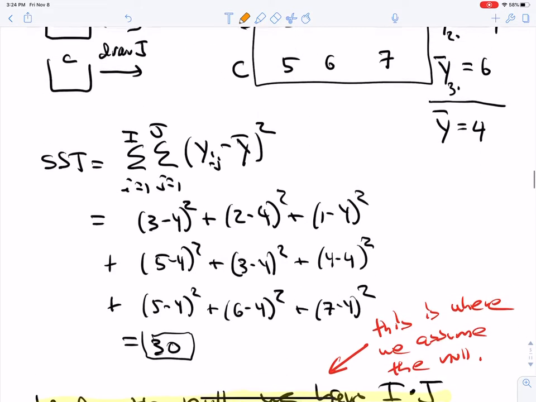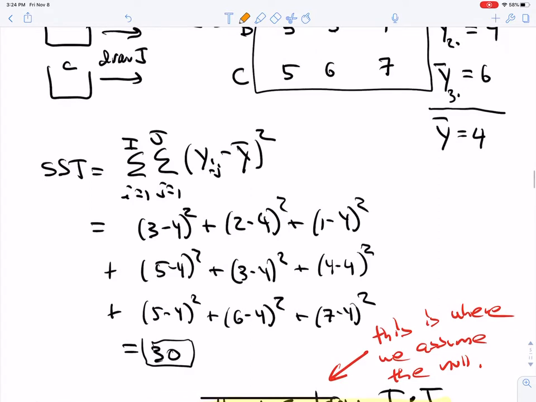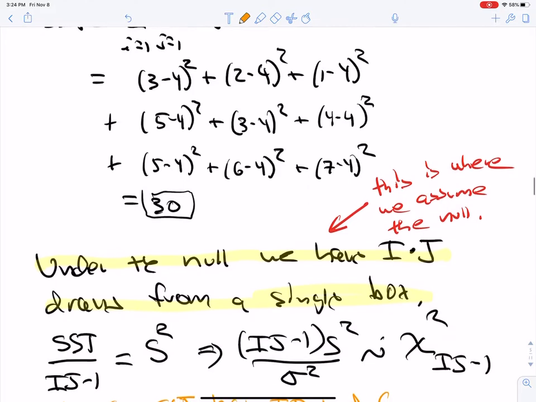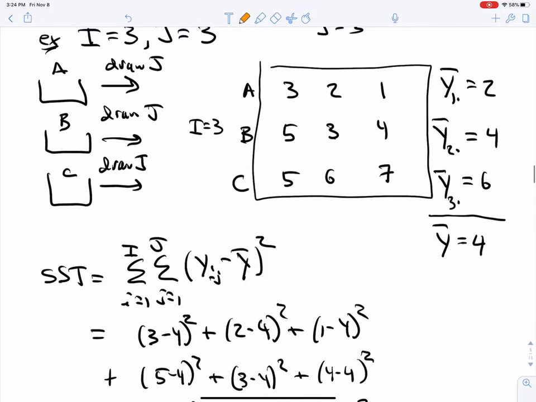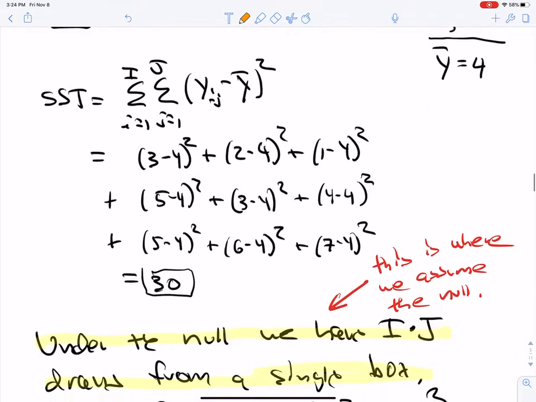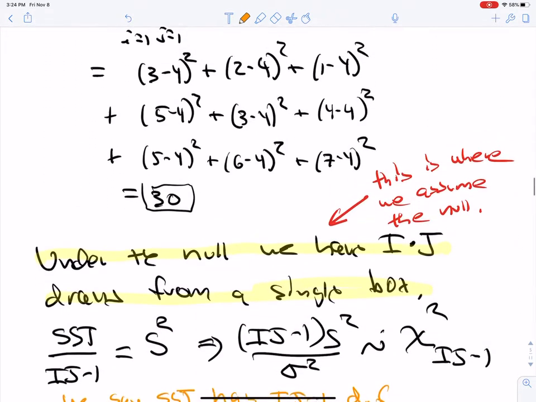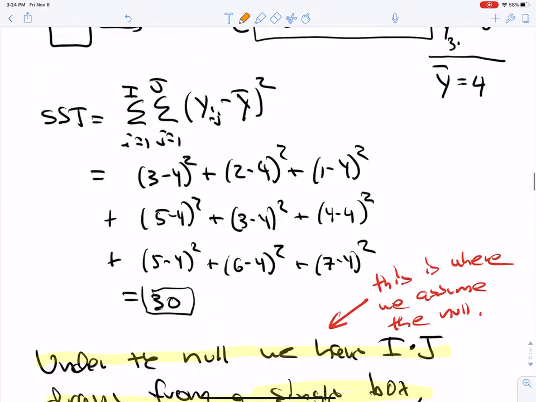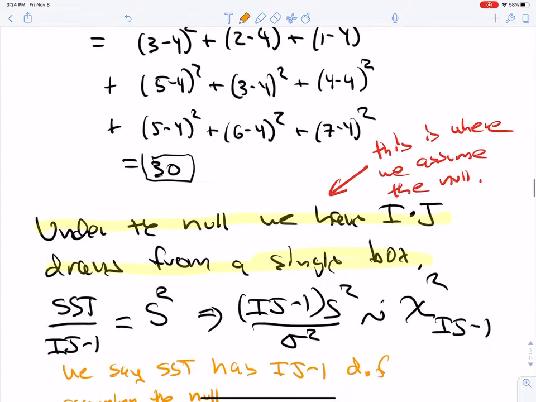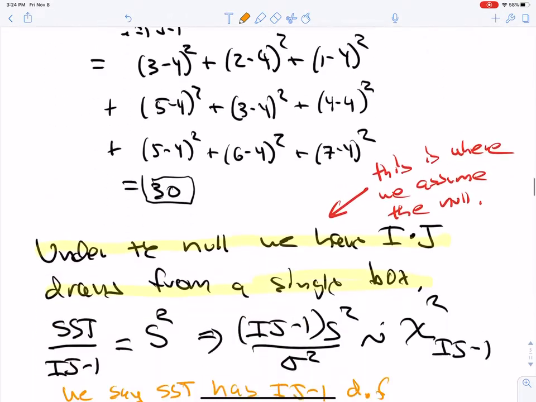So I can compute SST in a straightforward way and get 30. Now, under the null, these 3 treatment groups are all coming from the same population, because all the differential effects are 0. So in essence, I'm drawing I times j from a single box.